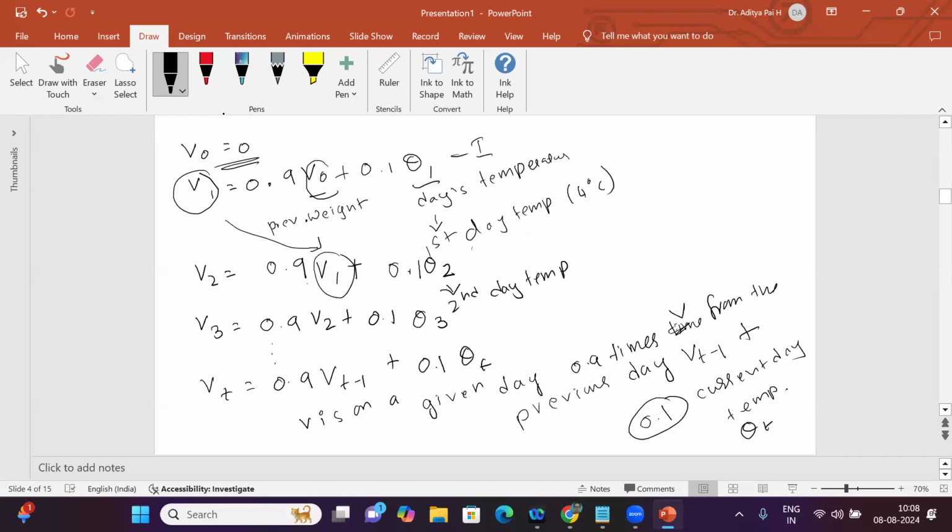That is what you could see here. So 0.9 times the previous day weight plus 0.1 times the current day temperature.